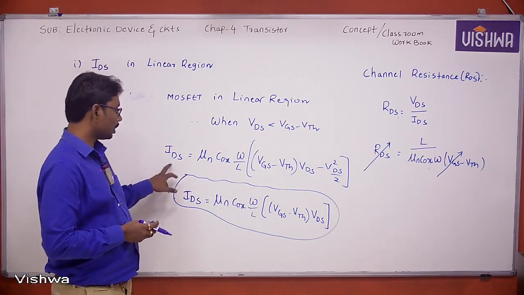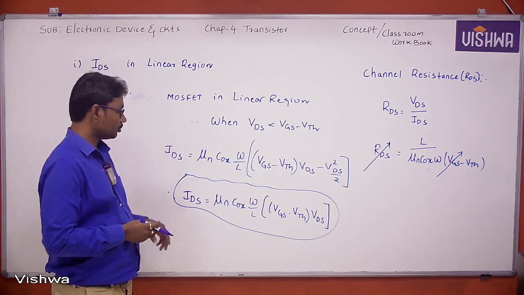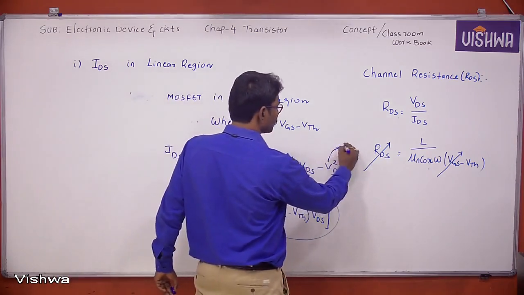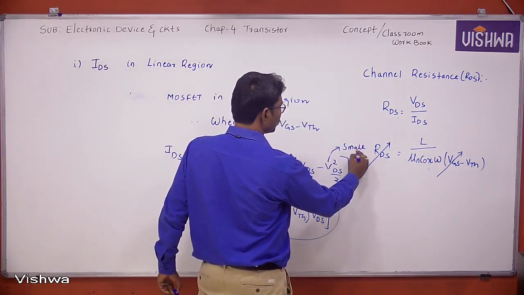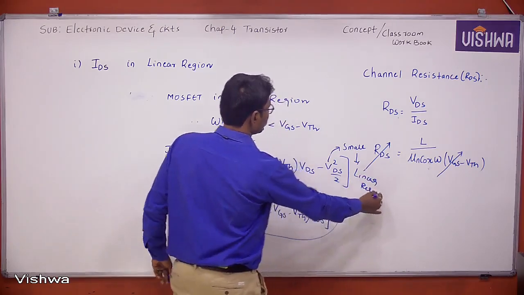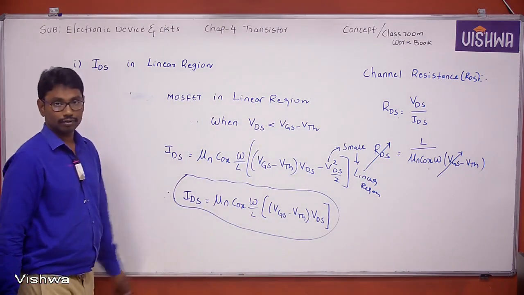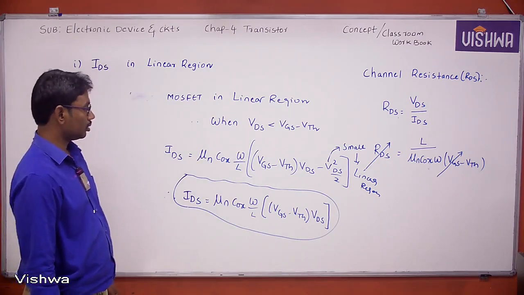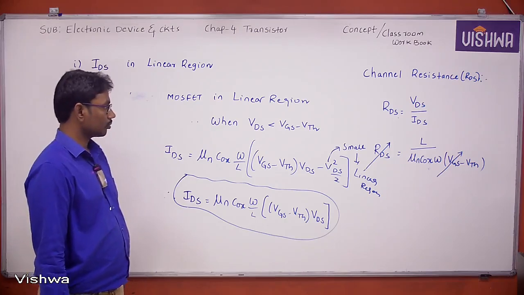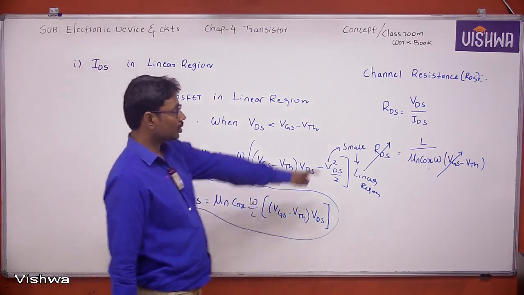Therefore, write down the current equation. This VDS square is small in case of linear region, so we neglect it. Also write down the channel resistance.